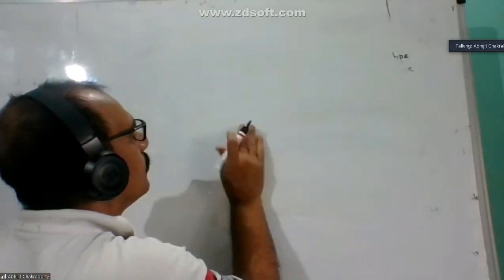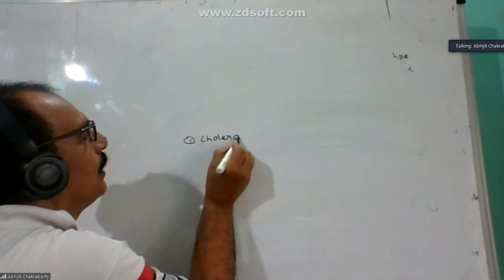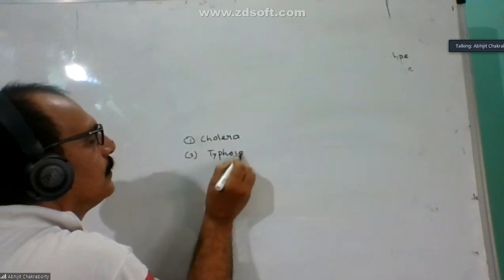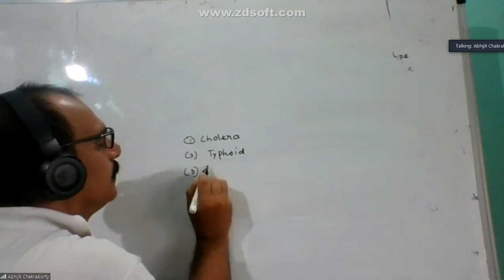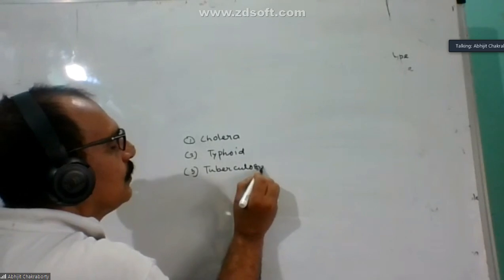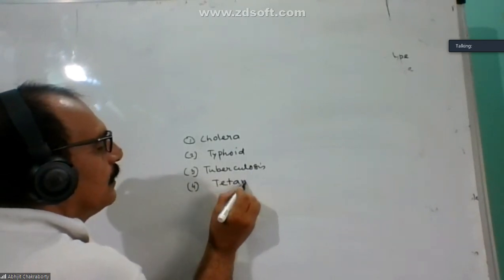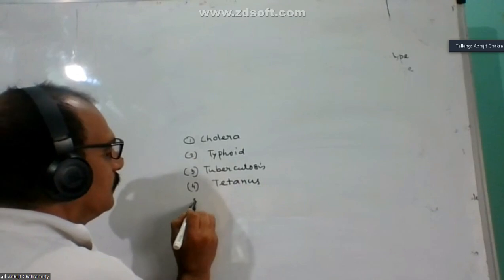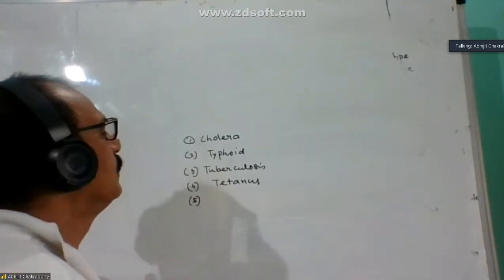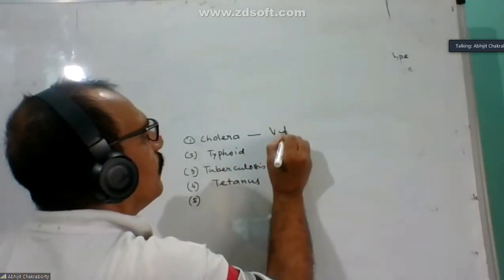Suppose cholera, typhoid, tuberculosis, tetanus, a lot of them. Now, you need to remember the names.